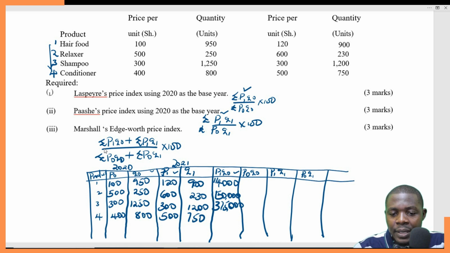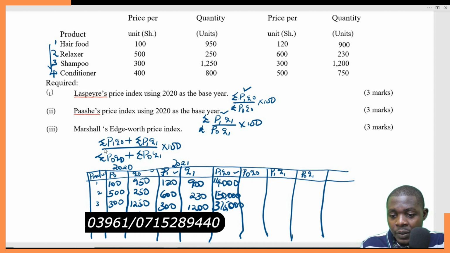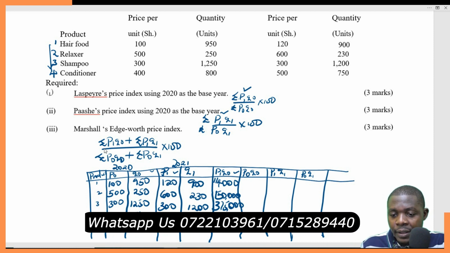Then lastly 800 multiplied by 500, you get 400,000.